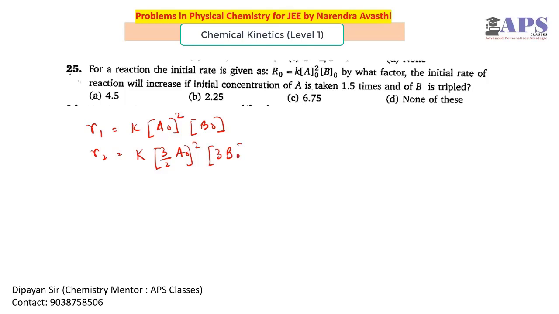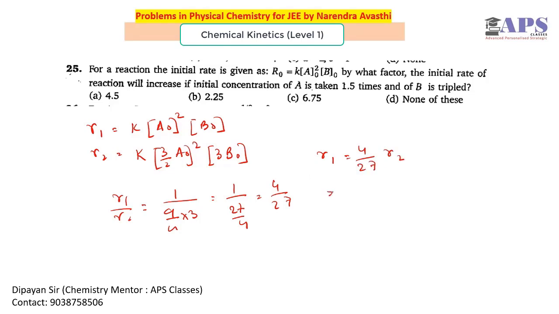So if we take the ratio of R1 by R2, we will get 1 by 9 by 4 multiplied by 3, that is 1 by 27 by 4, or 4 by 27. So R1 equal to 4 by 27 of R2, or R2 equal to 27 by 4 of R1, or 6.75 R1. So option C will be the correct option.